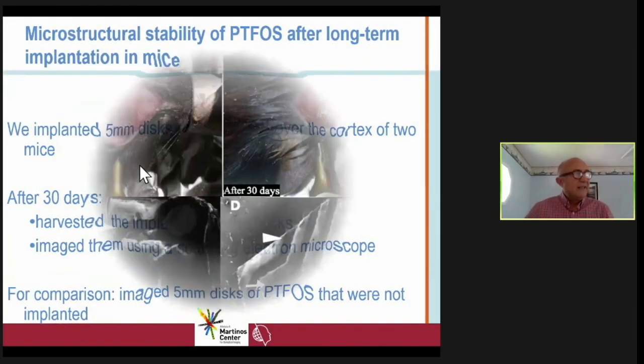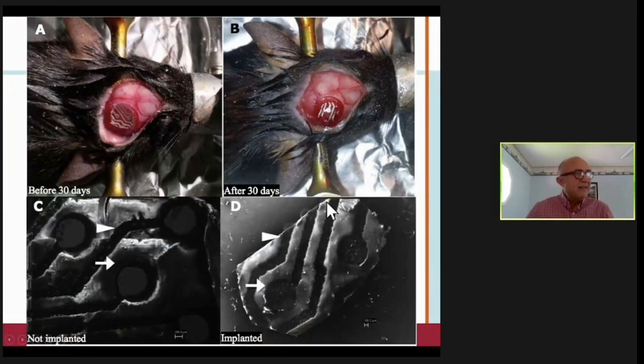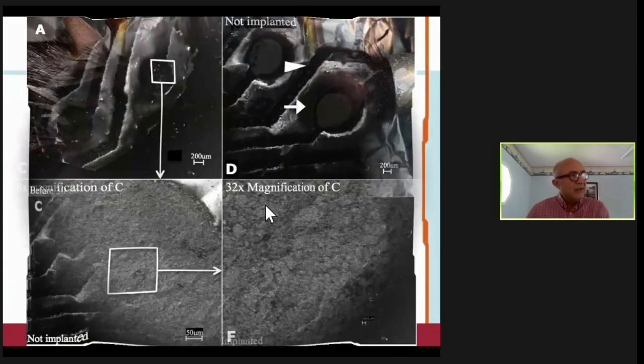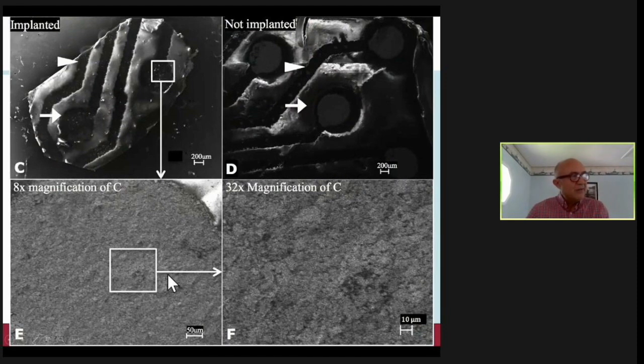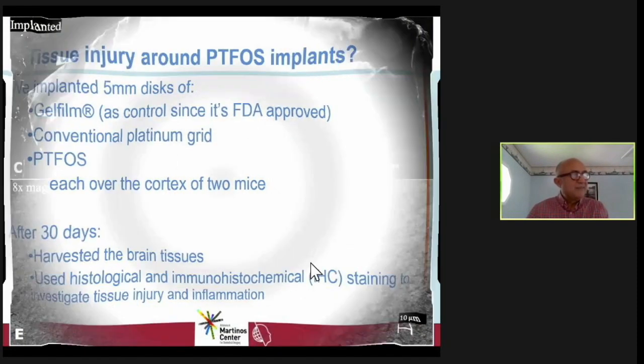So we implanted the PTFOS in mice, and we looked at scanning electron microscope images before and after, and we saw that the electrodes were essentially intact, both in terms of micro images.